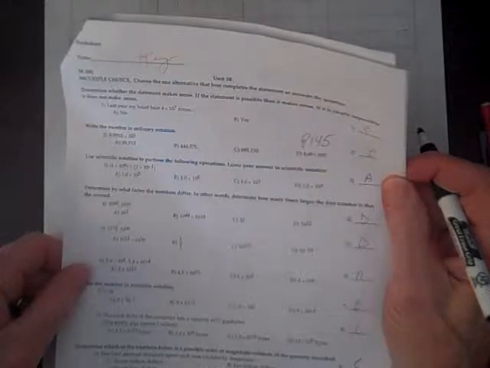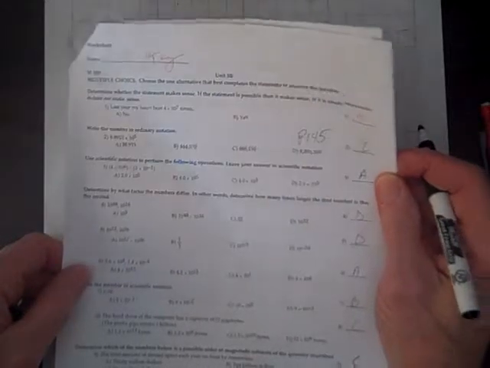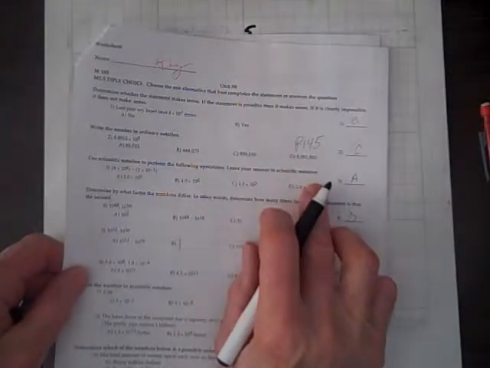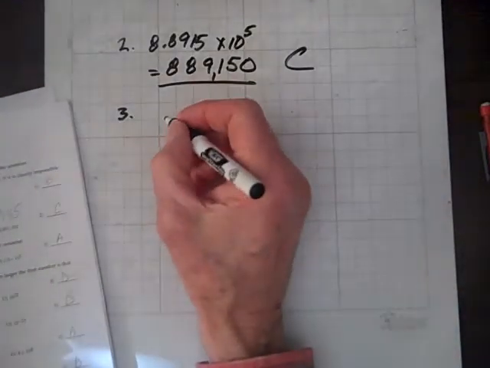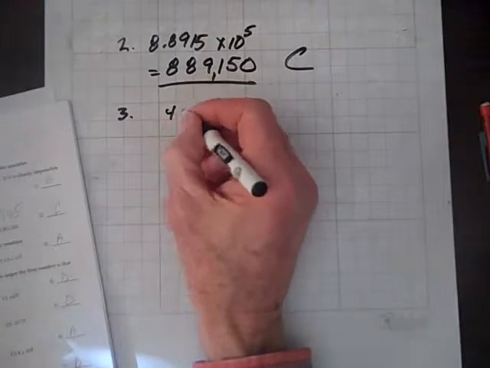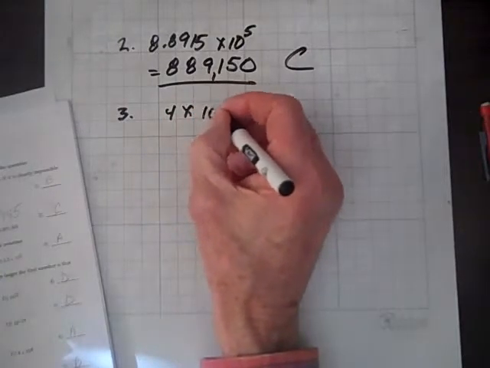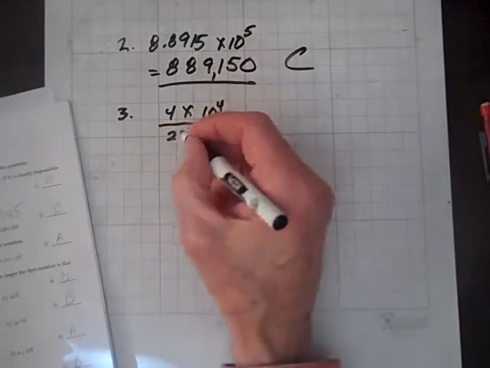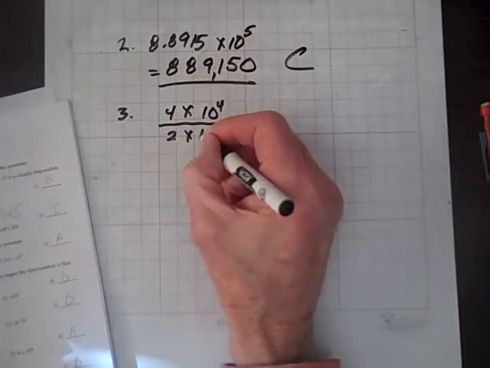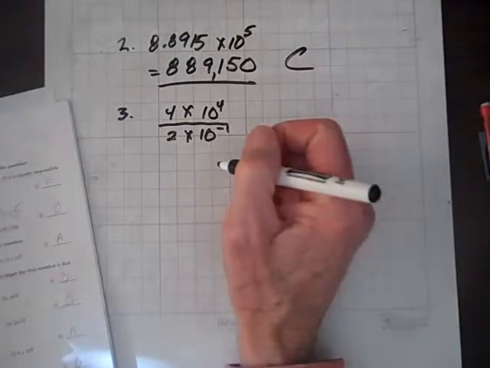It says, divide these. Use scientific notation to perform the following operation. Leave your answer in scientific notation. Okay, so we have 4 times 10 to the 4th divided by 2 times 10 to the negative 1.